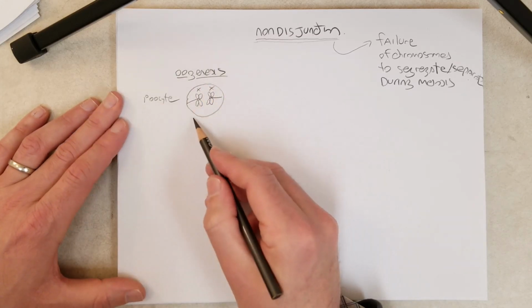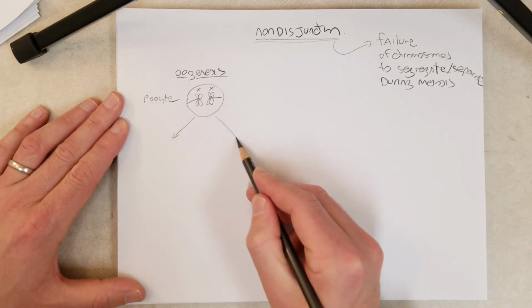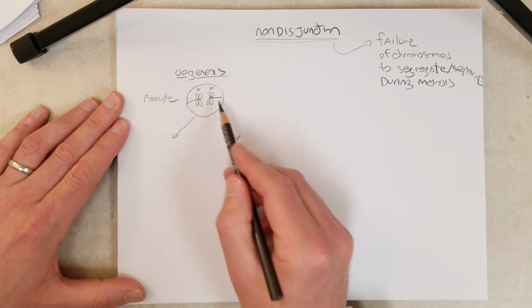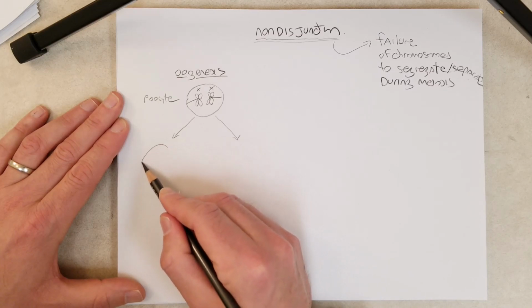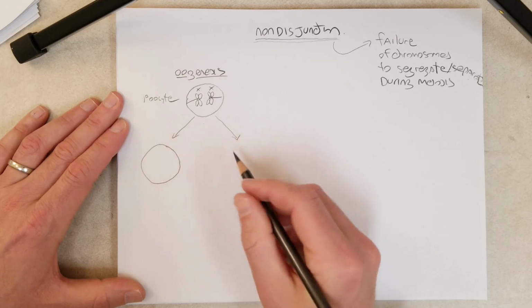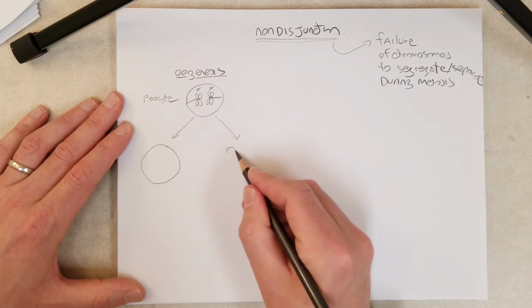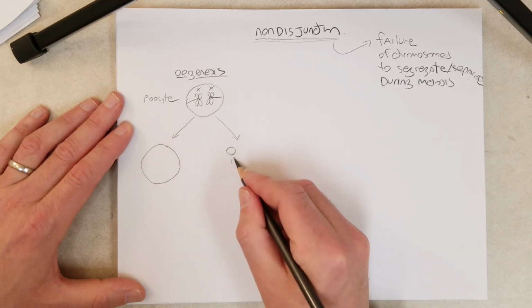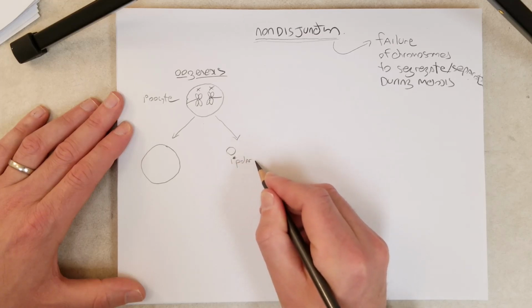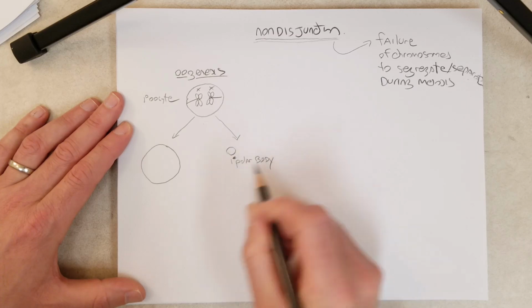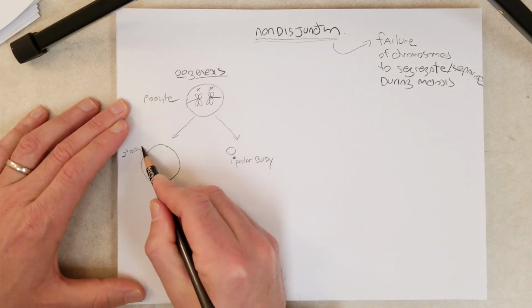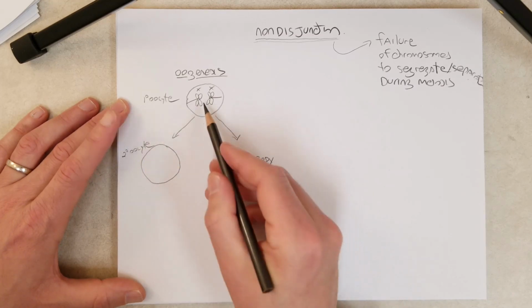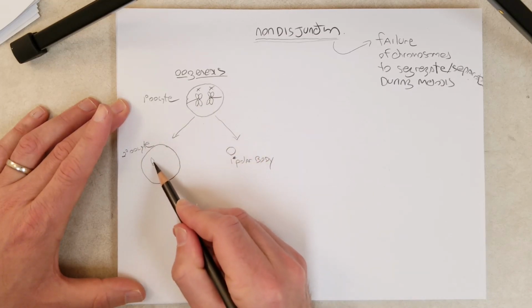This is the nucleus. Sometimes they don't segregate to the products of meiosis 1. This is going to be the first polar body. Say first polar body, not primary polar body. And right here is the secondary oocyte. Now, let's say both X's went this way.